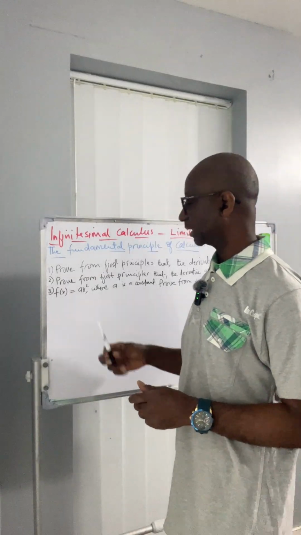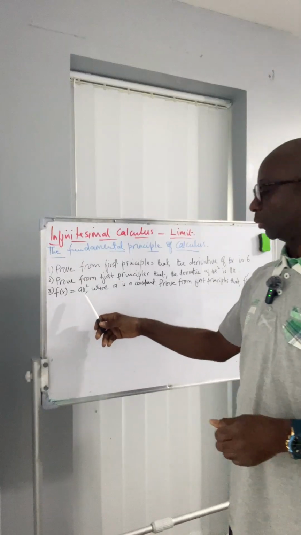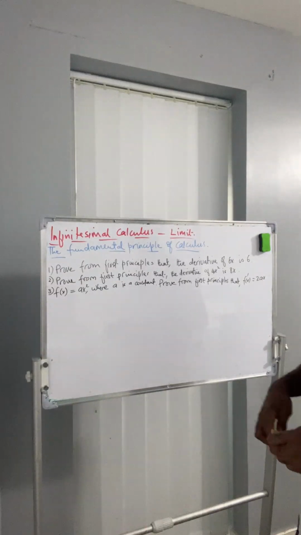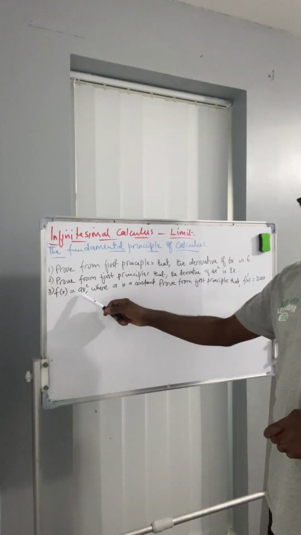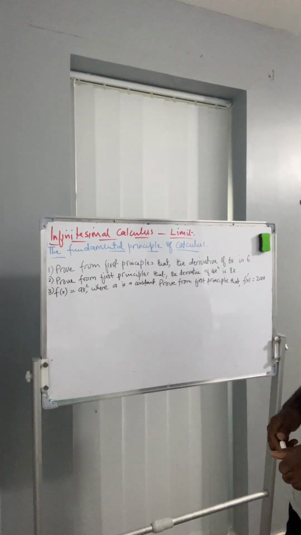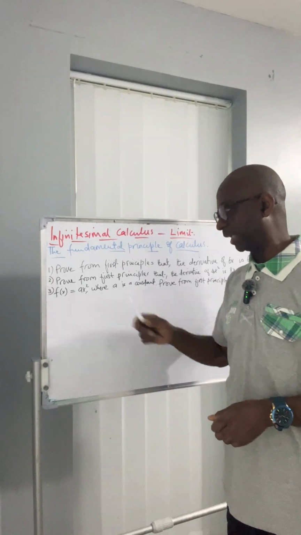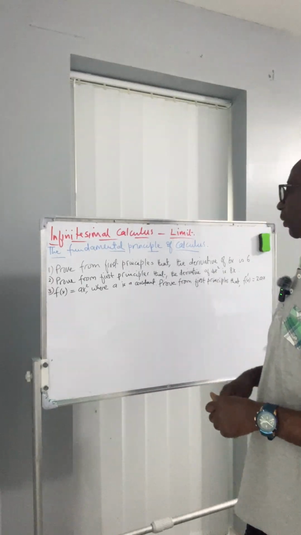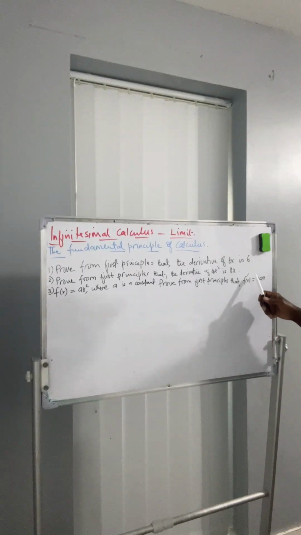The third one says, f of x is equal to ax squared, where a is a constant. That's this a here, it could be any number. Where a is a constant, prove from first principles that f prime x is 2ax.